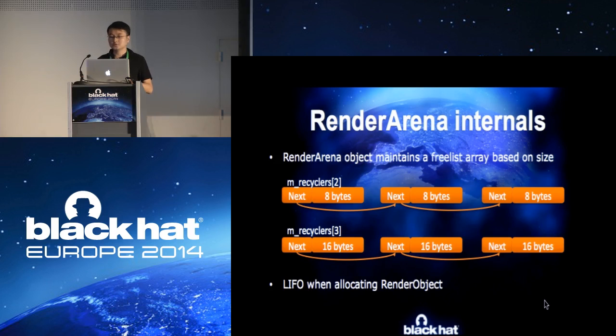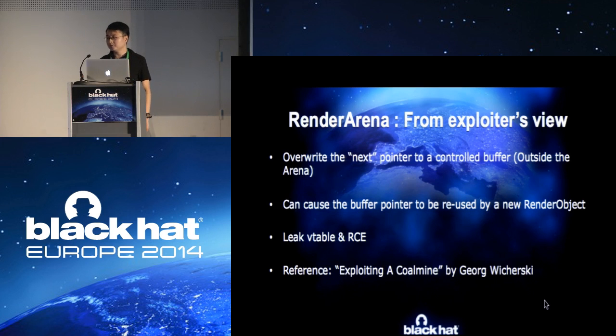So it also uses a last in, first out mechanism when allocating the render object. From the exploiter's view, you just need to overwrite the next pointer to a controlled buffer and then try to allocate the render object with the same size, so that the user-controlled buffer will be returned to the user, and you can leak the vtable and achieve RCE.